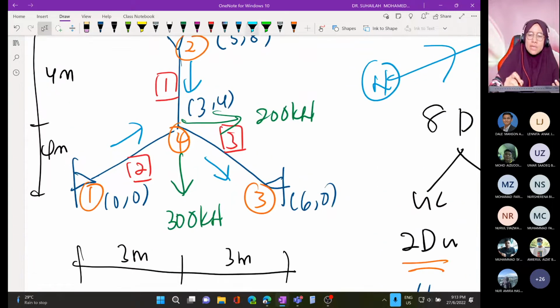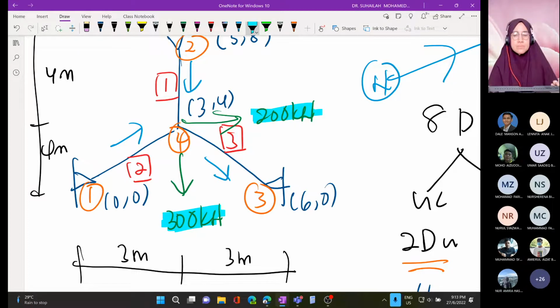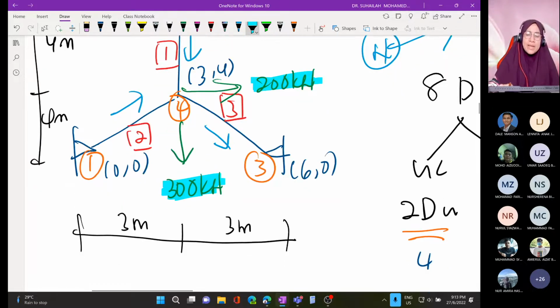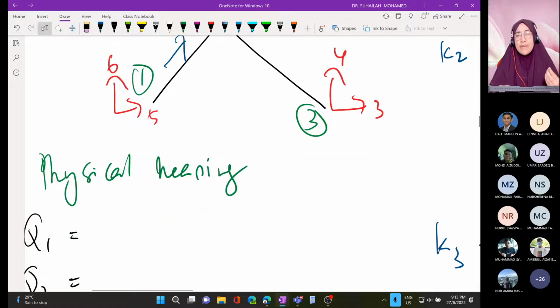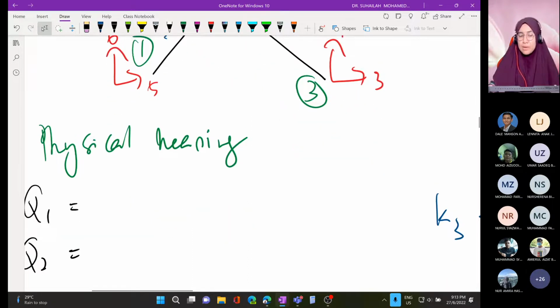Refer to the diagram. Q is here, given in the question. That is Q. It means that if we want to put the value of Q1, what is the value?